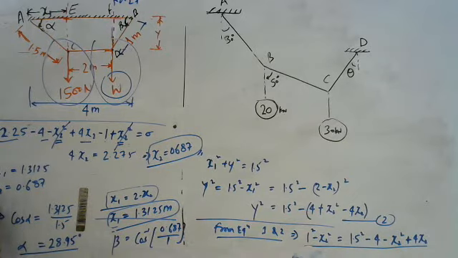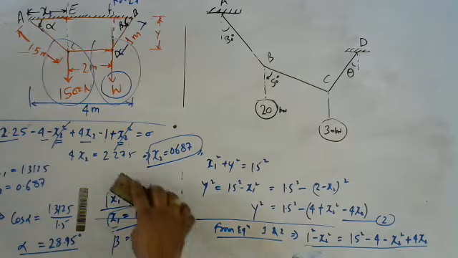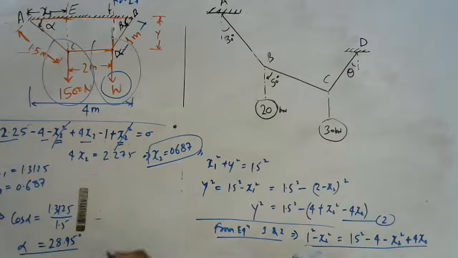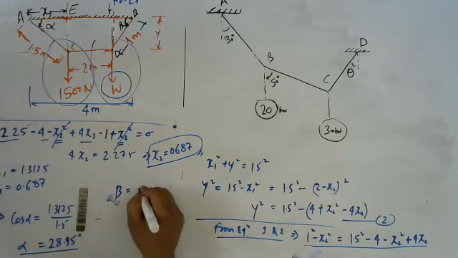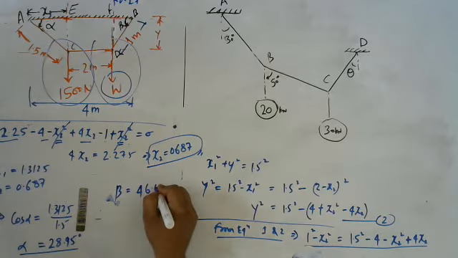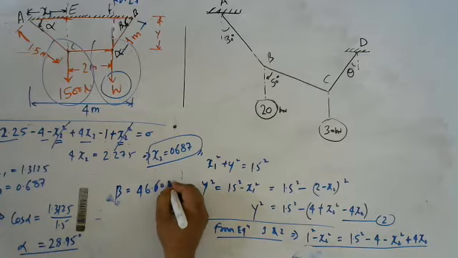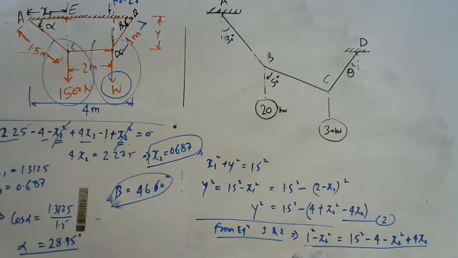Beta is equal to 0.687 divided by 1.5, shift cos inverse, answer is 46.60 degree. So once we know the angle, we can easily apply Lami's theorem in any case.